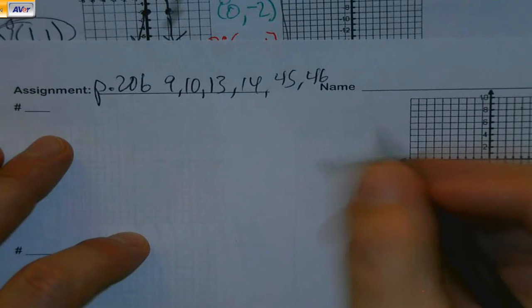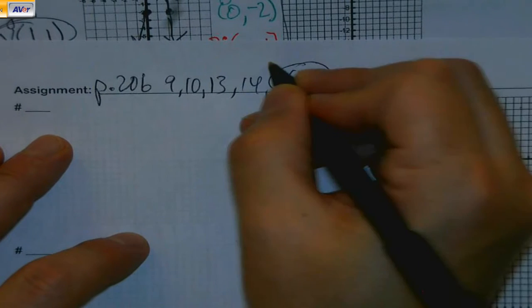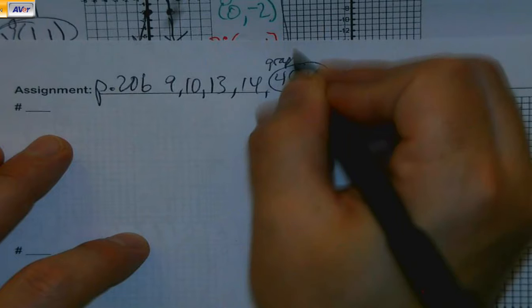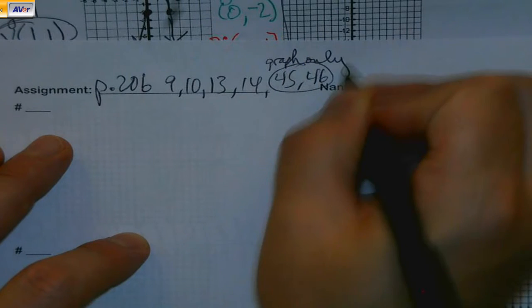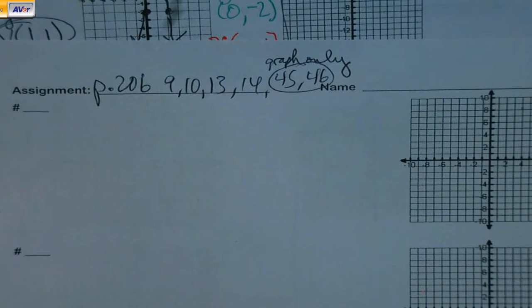We're not going to do 48. 45 and 46 we're going to graph only. Otherwise, we're going to follow the directions that are in the book.